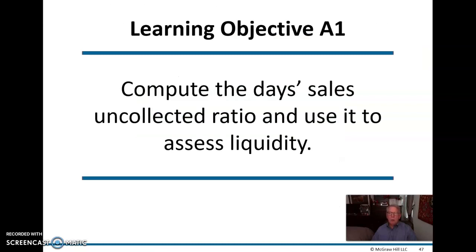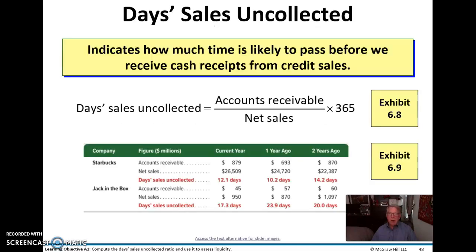All right. We'll take a look at computing the days uncollected ratio. That's pretty easy, and use it to assess liquidity. So here, what we do is we say, okay, our days sales uncollected is going to be our accounts receivable balance divided by net sales times 365 days.